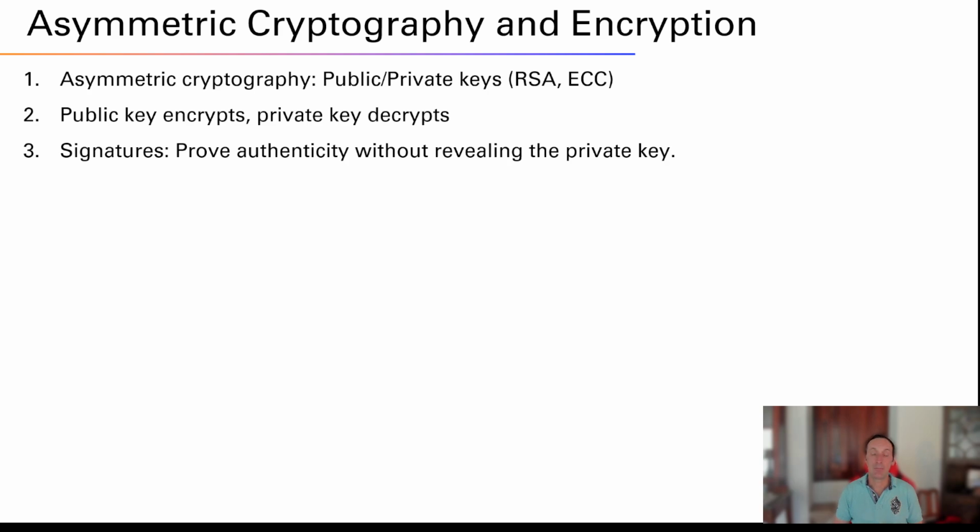It uses a pair of keys, public and private keys, as we just discussed in the previous slide. Examples of this are RSA and ECC, and these are very well-known public-private key algorithms.